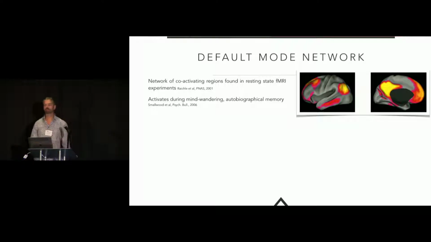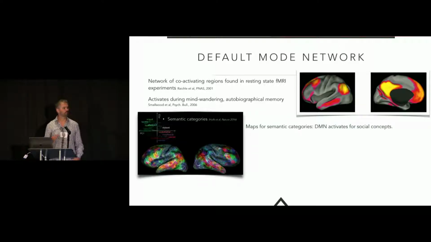It's a network of co-activating regions around cortex that you normally find in resting state experiments. And if you do a task-based experiment, you would generally find that it activates during things like mind wandering and autobiographical memory. Now, there are studies showing that if you have people listen to a story, semantic categories represented in these regions are things like social concepts, again highlighting that the computations that happen in these regions are very high level and abstract.